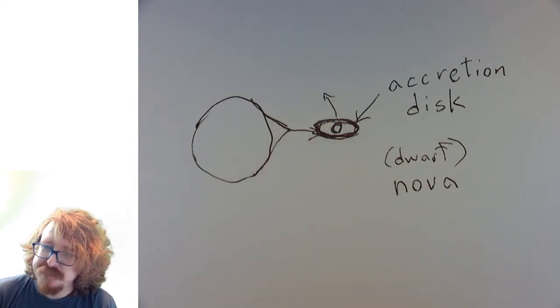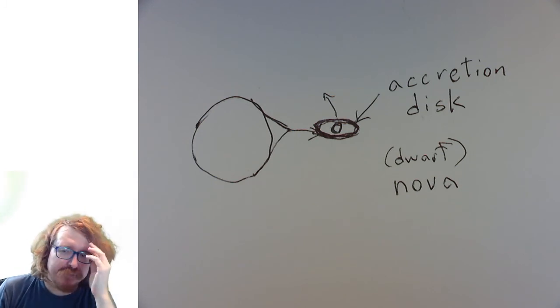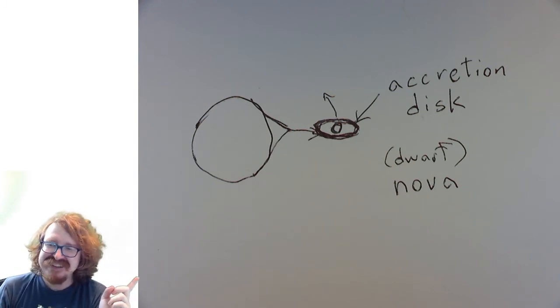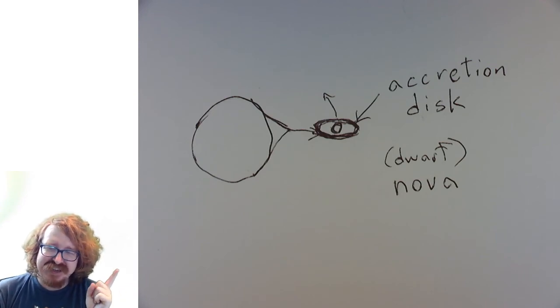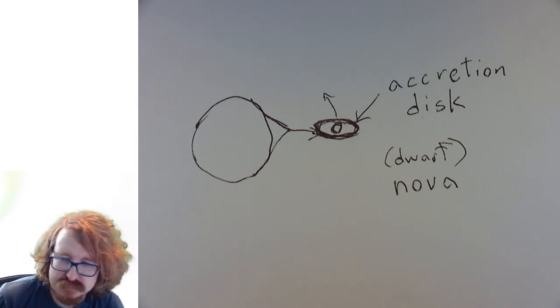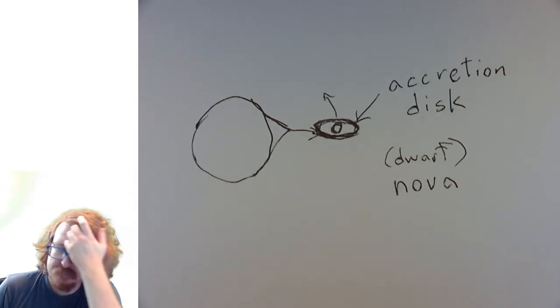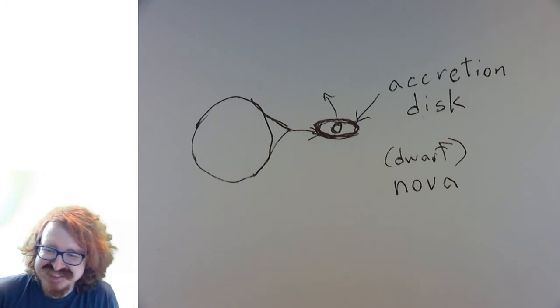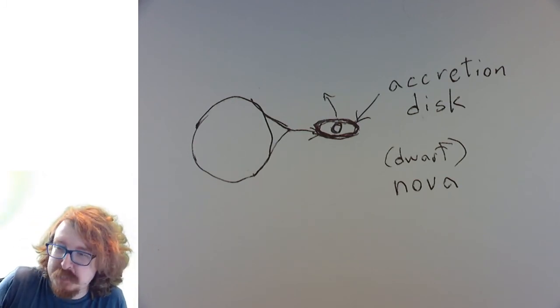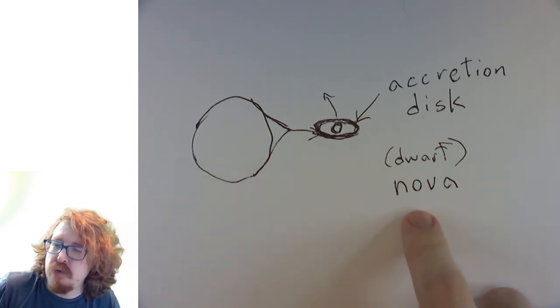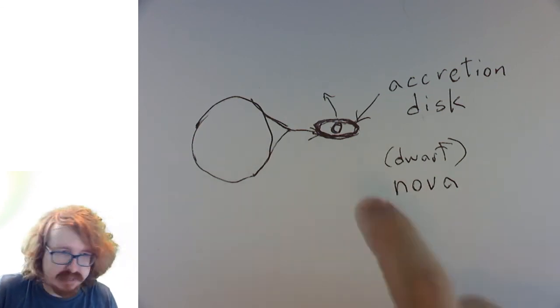So what could happen over time if the white dwarf makes another disk? More explosions. So a dwarf nova can happen over and over and over again.